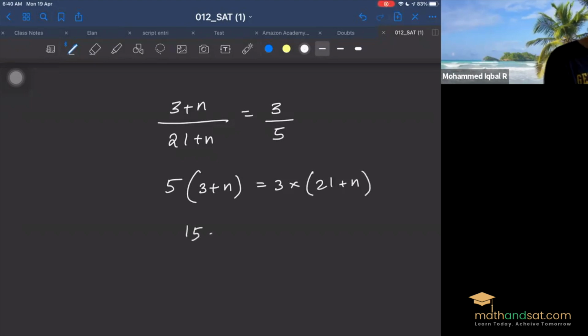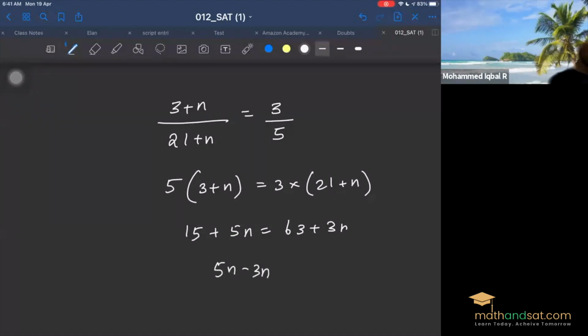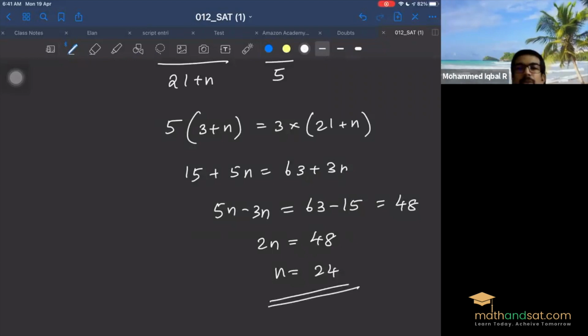Now we have 15 plus 5n will be 21 times 3 will be 63 plus 3 times n. So we have 5n minus 3n is equal to 63 minus 15, which is going to be 48. 2 times n is equal to 48. Your n value comes out as 24.